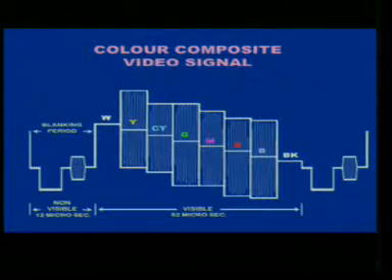If we see this composite video signal, which is called the color composite video signal, it has two parts. One is this part, which is the non-visible region, and another is this part, which is the visible region.